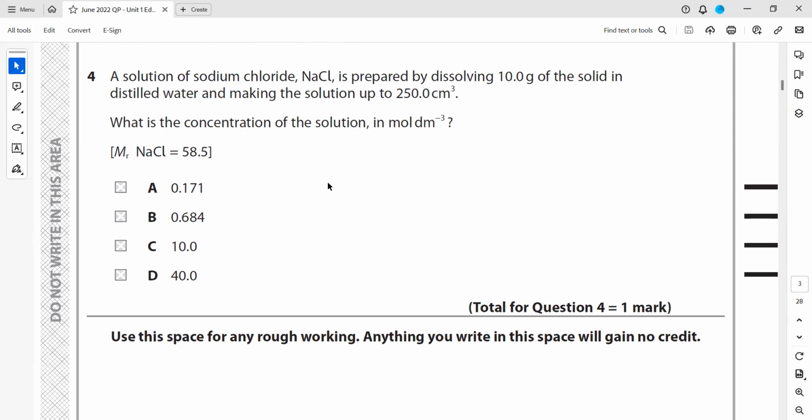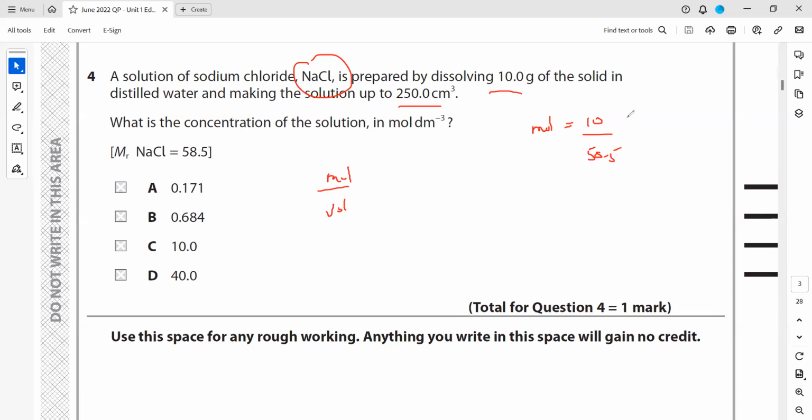A solution of sodium chloride, NaCl, is prepared by dissolving 10 gram of the solid and making the solution up to 250 cm³. What is the concentration? Concentration is moles divided by volume. How to work out the moles? Moles equals mass in gram divided by molar mass. So 23 plus 35.5, this will be 58.5.